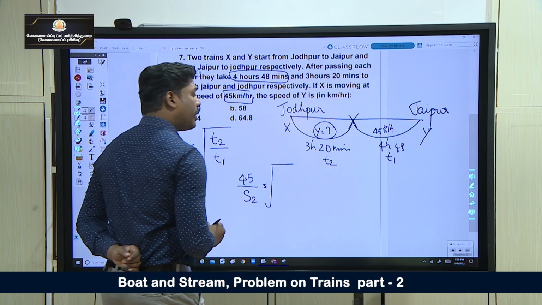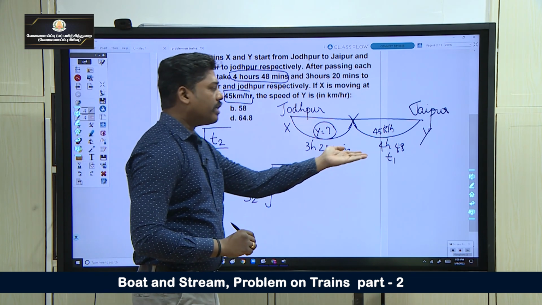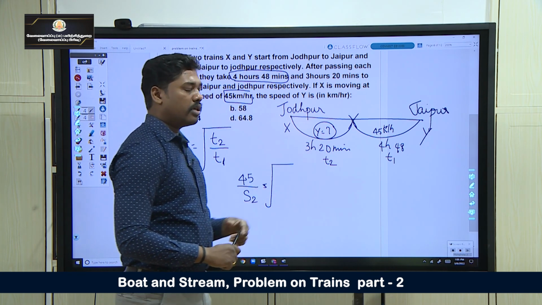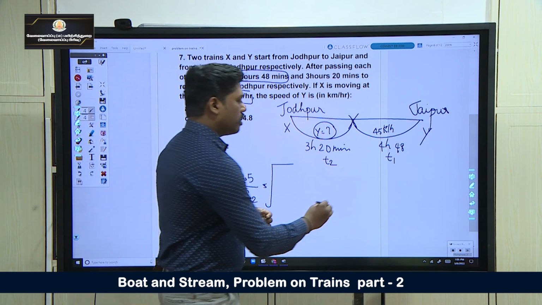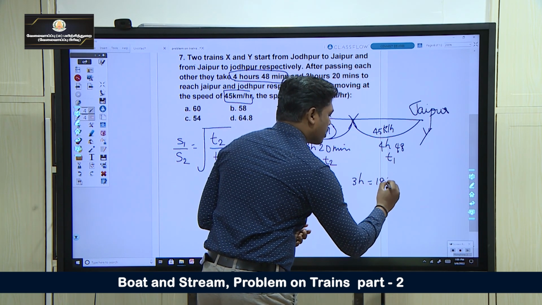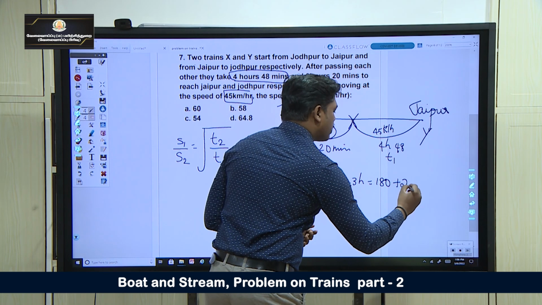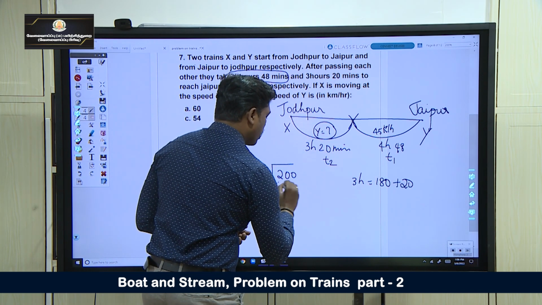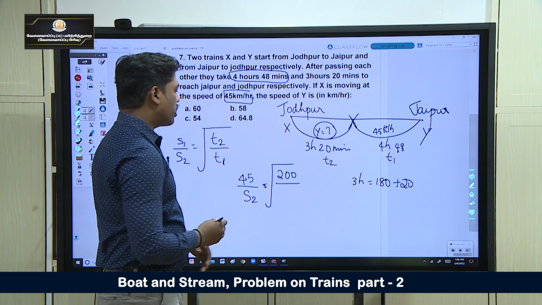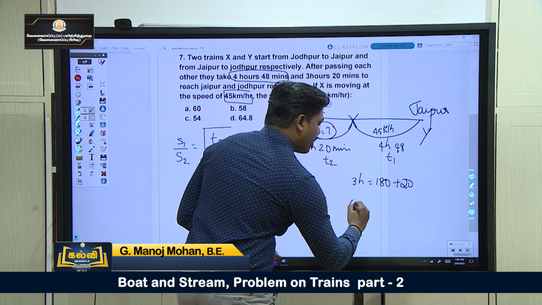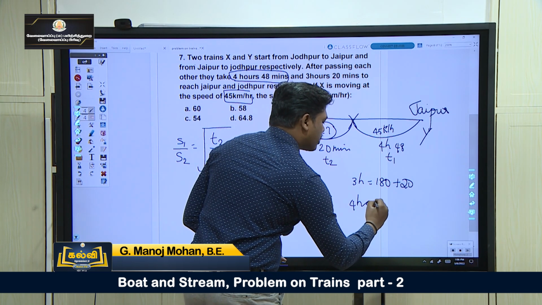square root of T2. T2 is 3 hours 20 minutes. So 3 hours means 180 minutes, plus 20 minutes, which is 200 minutes, divided by T1. T1 is 4 hours 48 minutes.